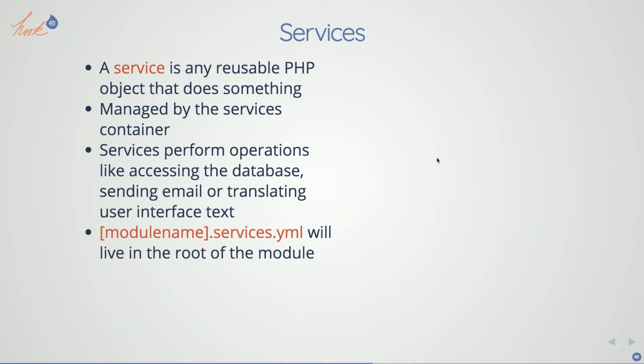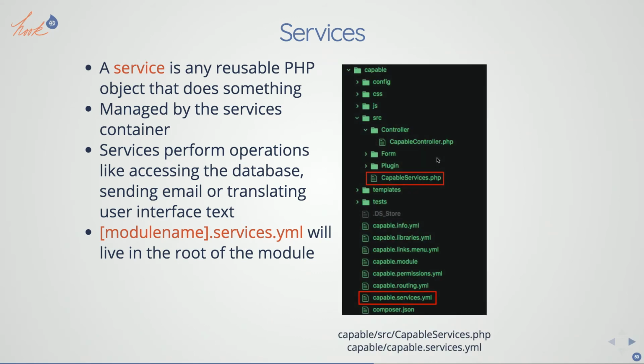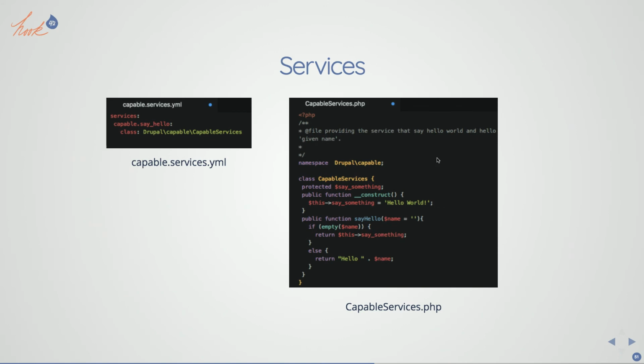This lives under your module name services.yaml, in the root of your module. And it's going to talk to another file that lives under source. This is also going to talk with routing and with the controller. So this one gets a little convoluted, but you can get through it.